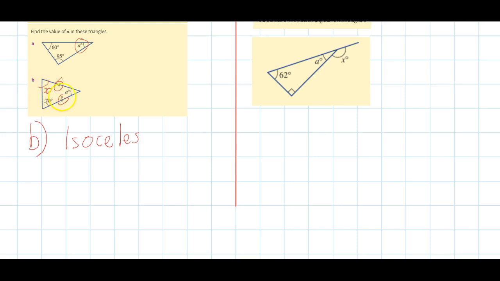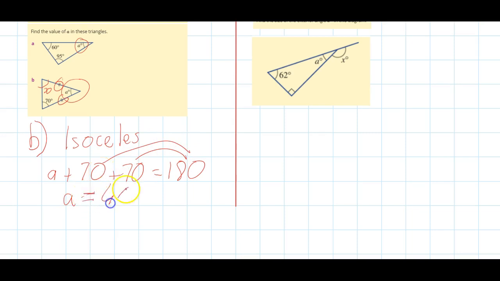Using algebra again, I have A plus 70, which is angle B, plus 70, which is angle C, equals 180. I can take these both away from that side, which makes A equal 40 degrees. Basically you're trying to work out what the different angles are and find out what is left over in regards to 180.